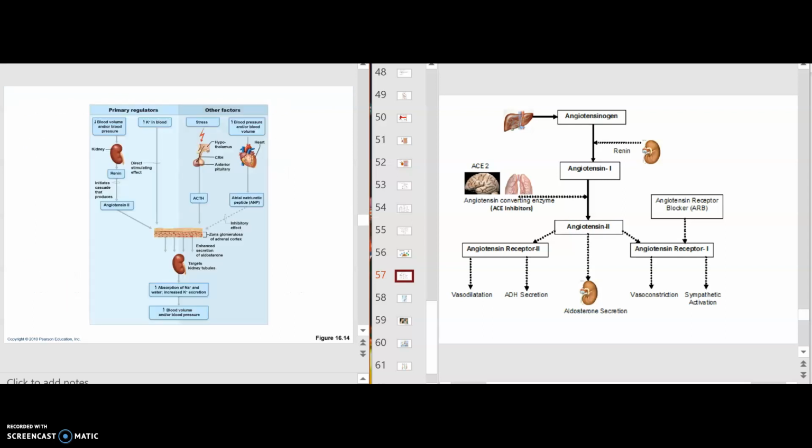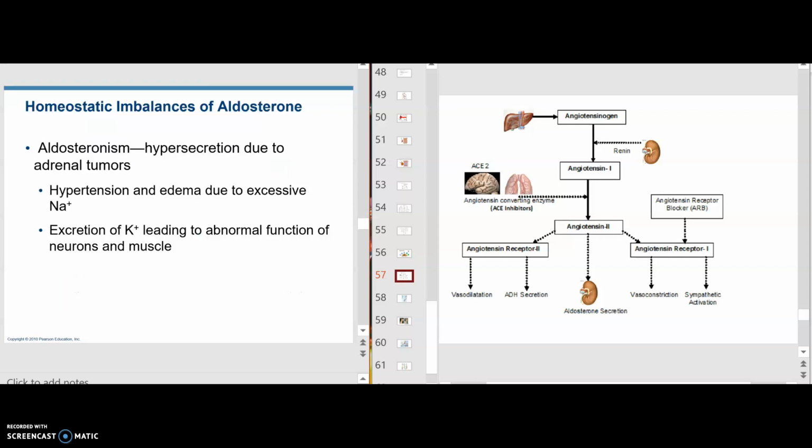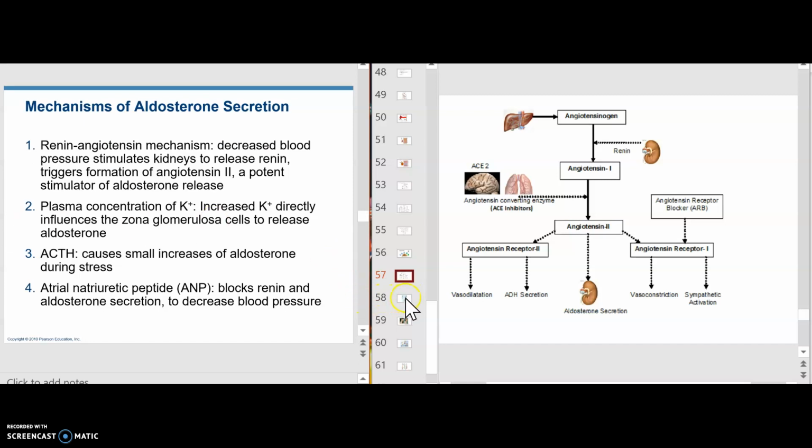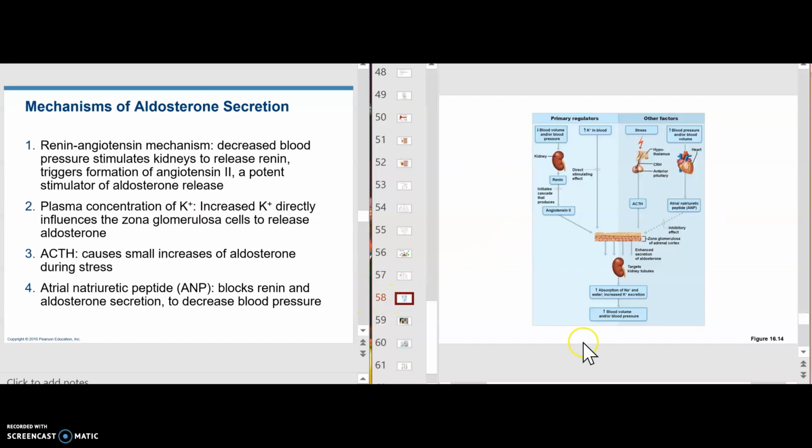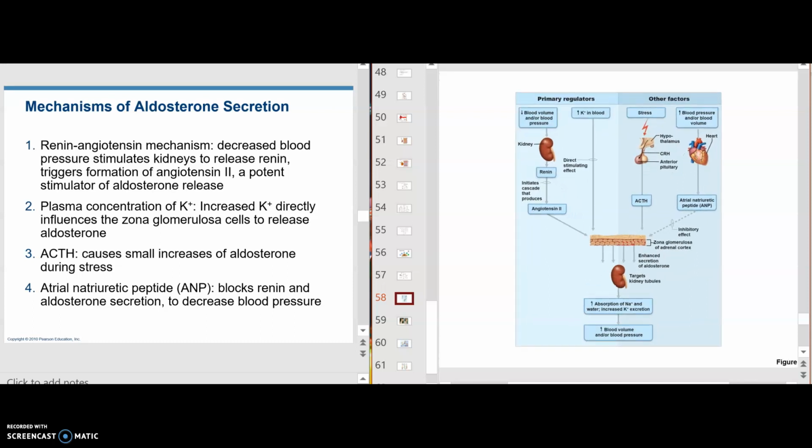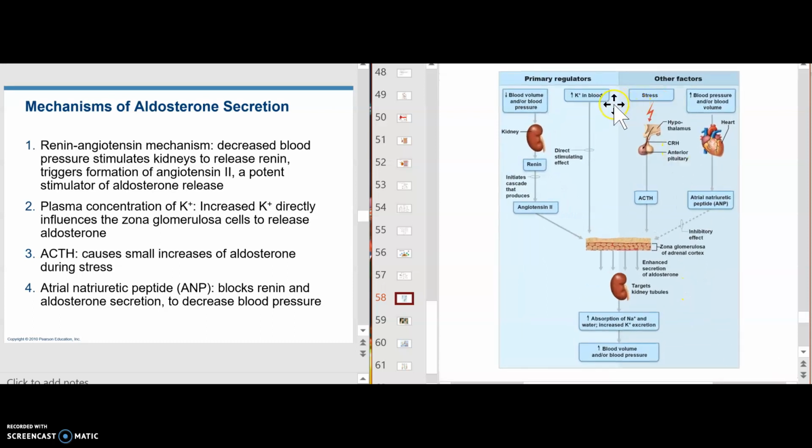All right. So we go here then. Let's just look at this one real quick. So the primary regulator is the renin-angiotensin system. Decreased blood volume and blood pressure would cause the kidneys to act. The kidneys would produce that renin. The renin then could make angiotensin II in an attempt to bring the blood volume back, because by doing this you get aldosterone eventually.